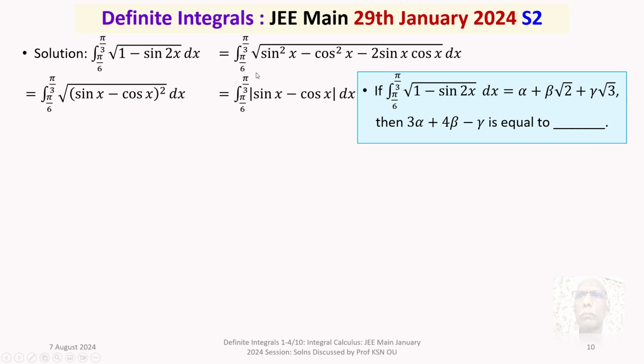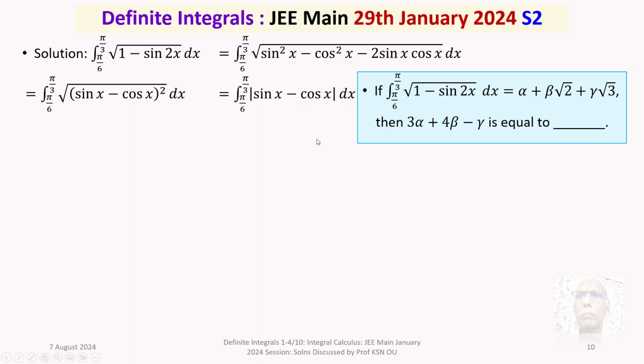Now this is integral pi by 6 to pi by 3, and this comes out as mod of sin x minus cos x dx. Now observe that in the interval pi by 6 to pi by 4, sin x is greater than cos x.